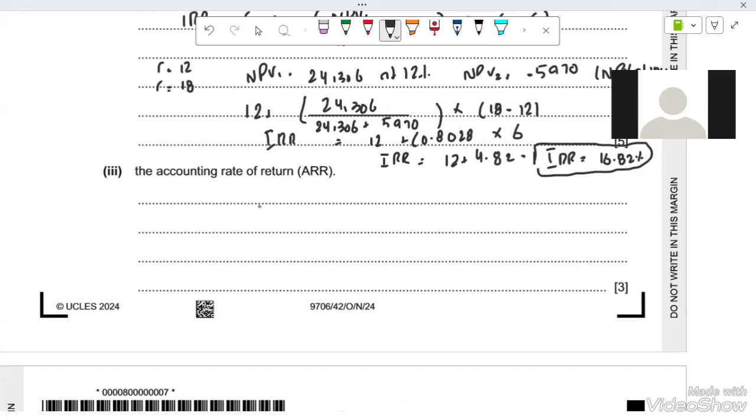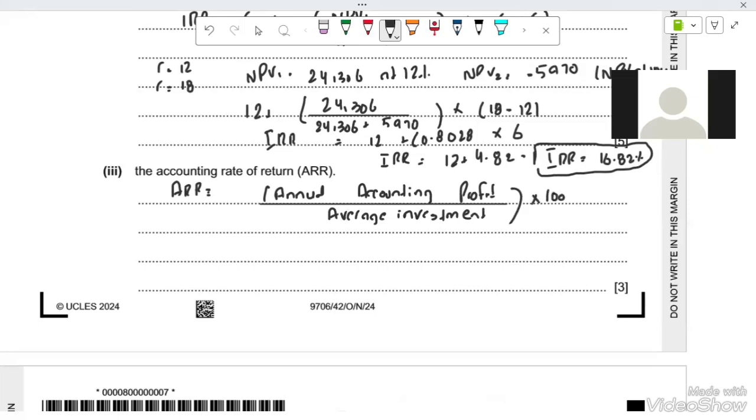So accounting rate of return, ARR, is equal to annual accounting profit divided by average investment, multiplied by 100.